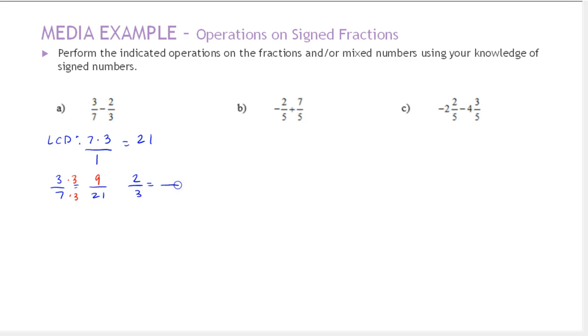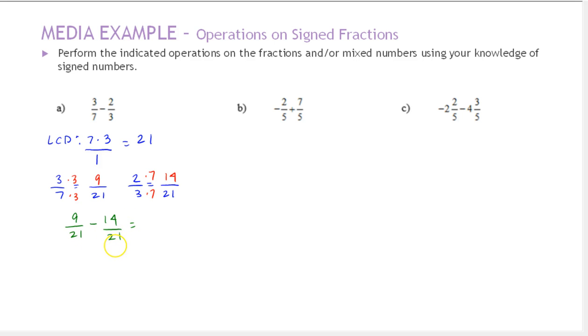I want 2/3 written as an equivalent fraction over 21. 21 divided by 3 is 7, so I'm going to multiply the numerator and denominator both by 7. And I get 14/21. Now I'm going to rewrite this original problem with the equivalent fractions, and we have 9/21 minus 14/21.